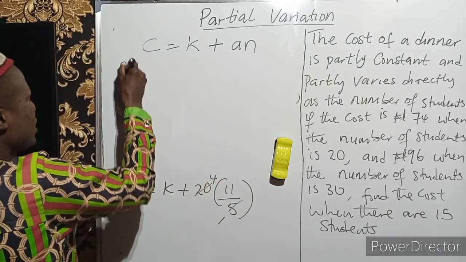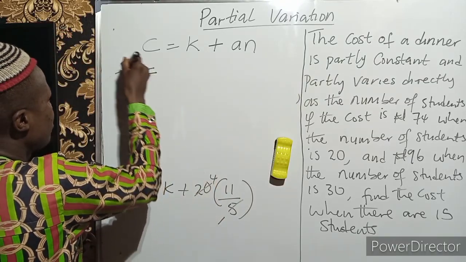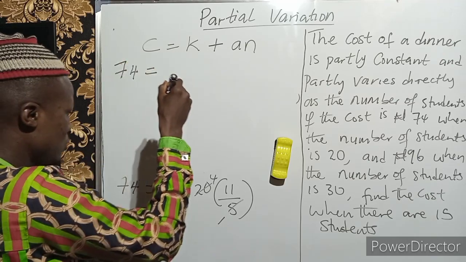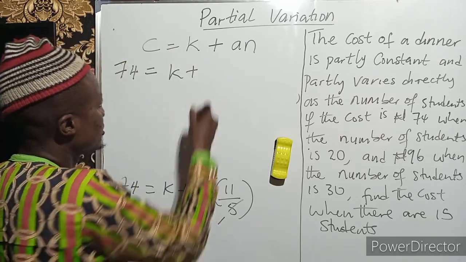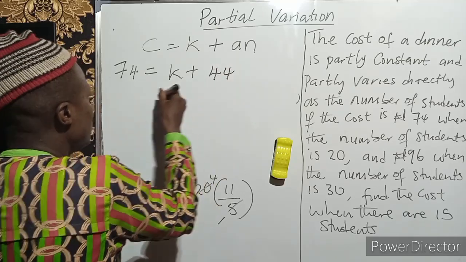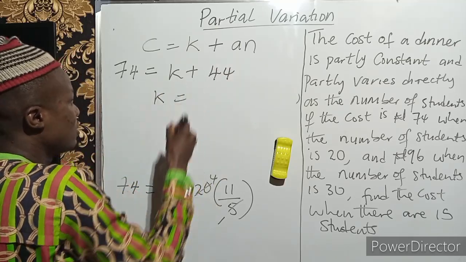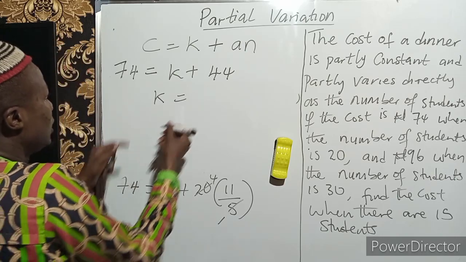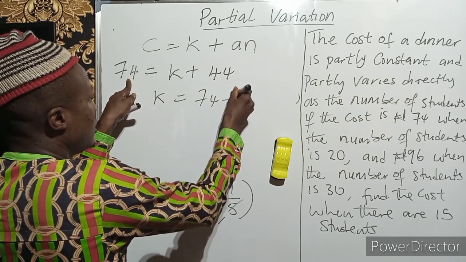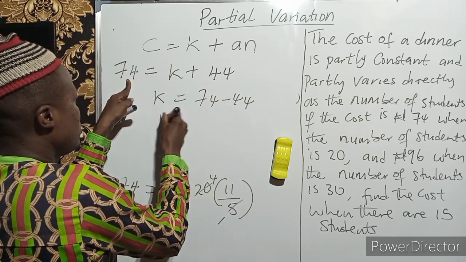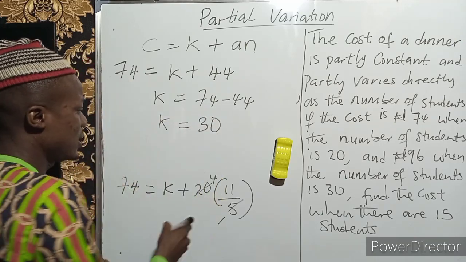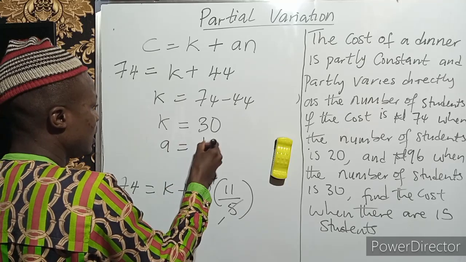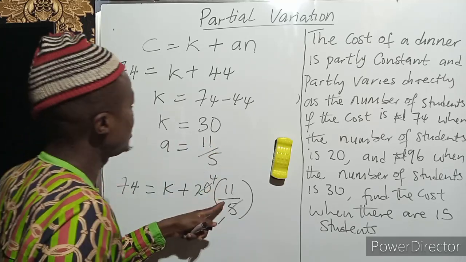Okay, so I will now have that 74 is equivalent to K plus 4 times 11 is 44. So the value of K is now 74 minus 44. When I do that, my K is now 30. That's the value of K. K is 30. Remember, our A is 11 over 5, as you can see here.